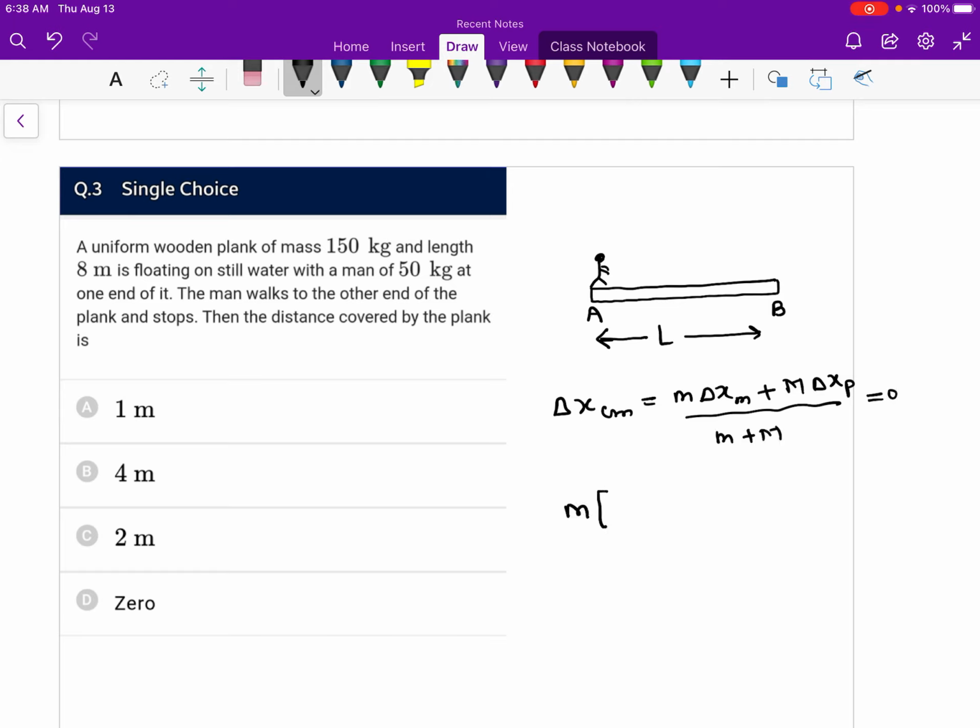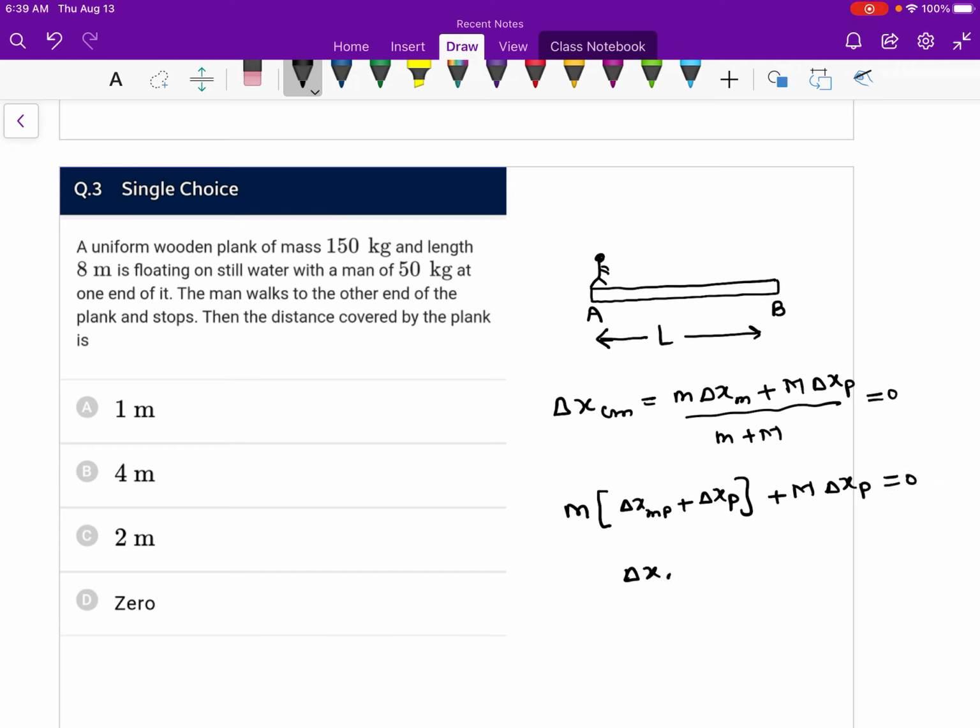So small m, now delta x of man relative to ground, this we need to break, as we know the displacement of man relative to the plank only. So we need to write delta x of man relative to the plank plus delta x of plank, plus capital M delta x plank is equal to 0.